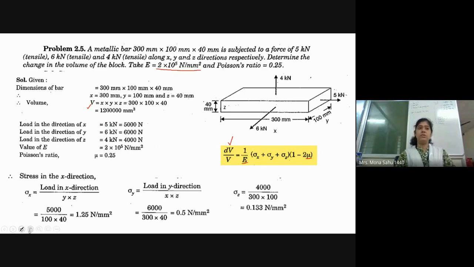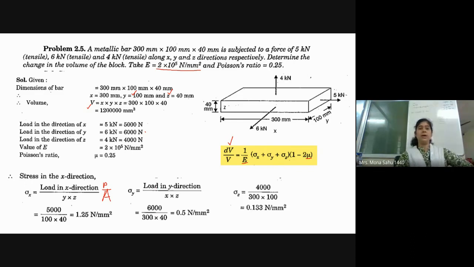So what is sigma X? Stress. So that is P by cross-sectional area. Correct? So load in X direction is 5,000. And cross-sectional area will be, see, X direction, so the other two, Y into Z. Y is 100 and Z is 40, so 100 into 40.